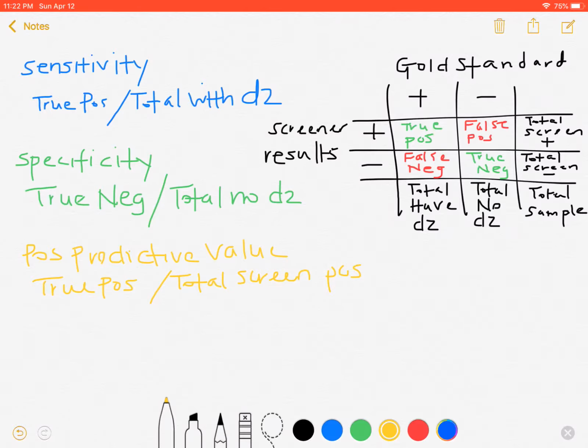The next thing we want to know is our negative predictive value. And that we get by taking our true negatives divided by our total who screen negative.